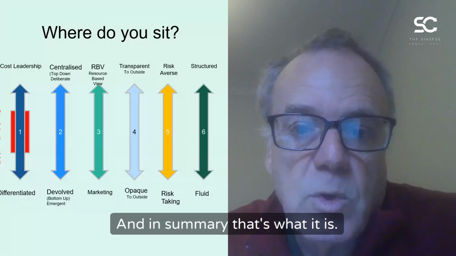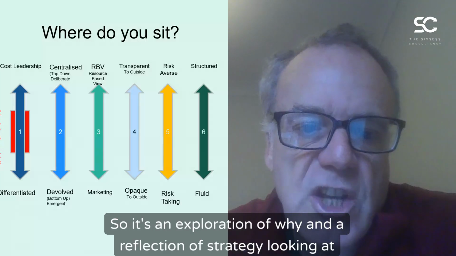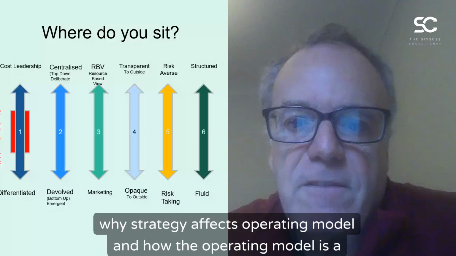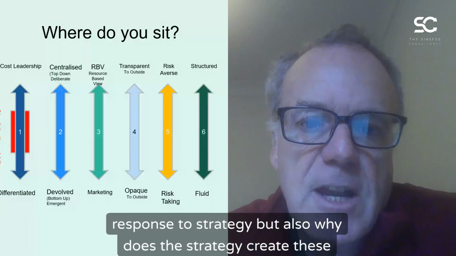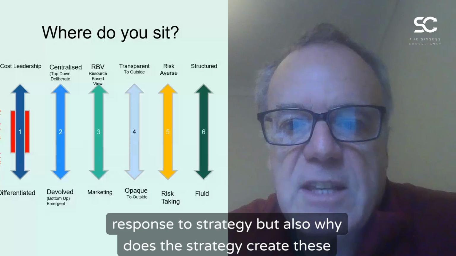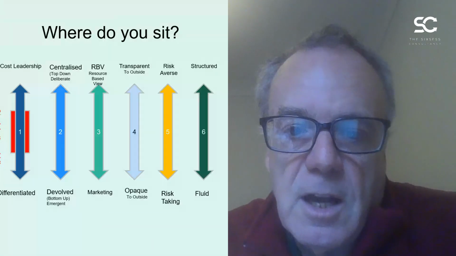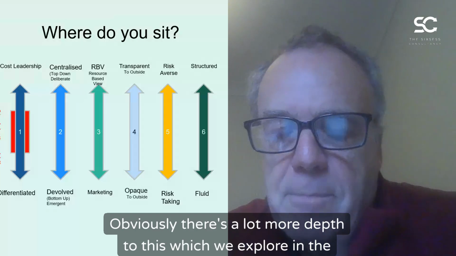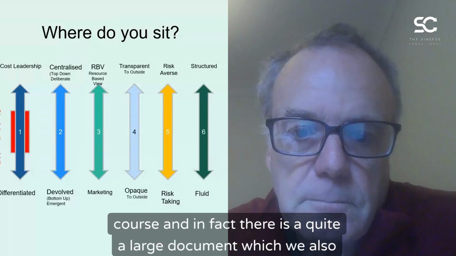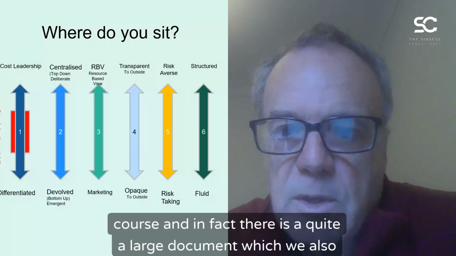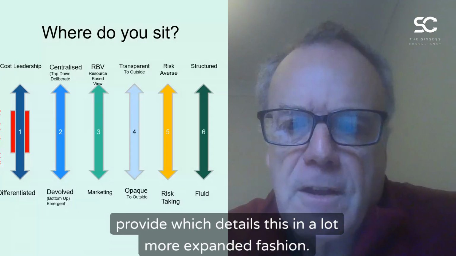In summary, it's an exploration of why and a reflection of strategy, looking at why strategy affects operating model and how the operating model is a response to strategy, but also why does the strategy create these various things by breaking it down into these 6 levers. Obviously, there's a lot more depth to this, which we explore in the course, and in fact, there is quite a large document which we also provide, which details this in a lot more expanded fashion.